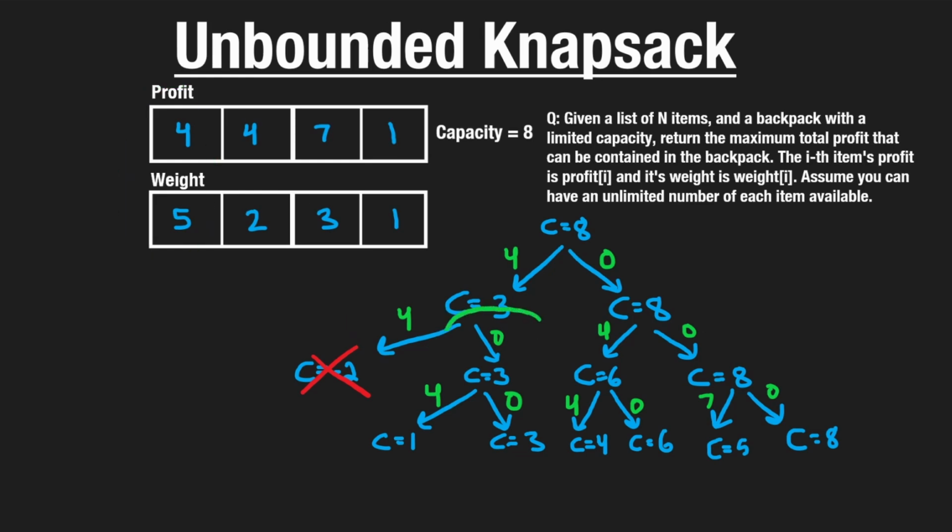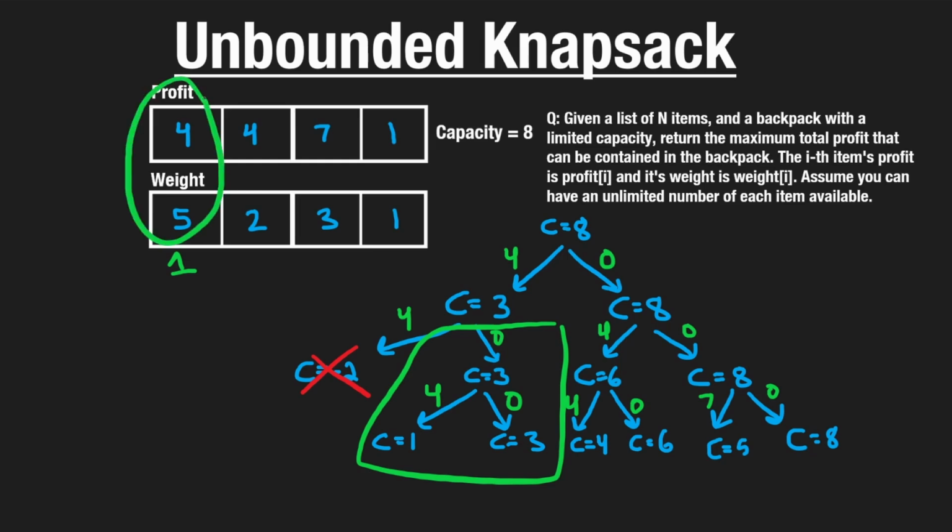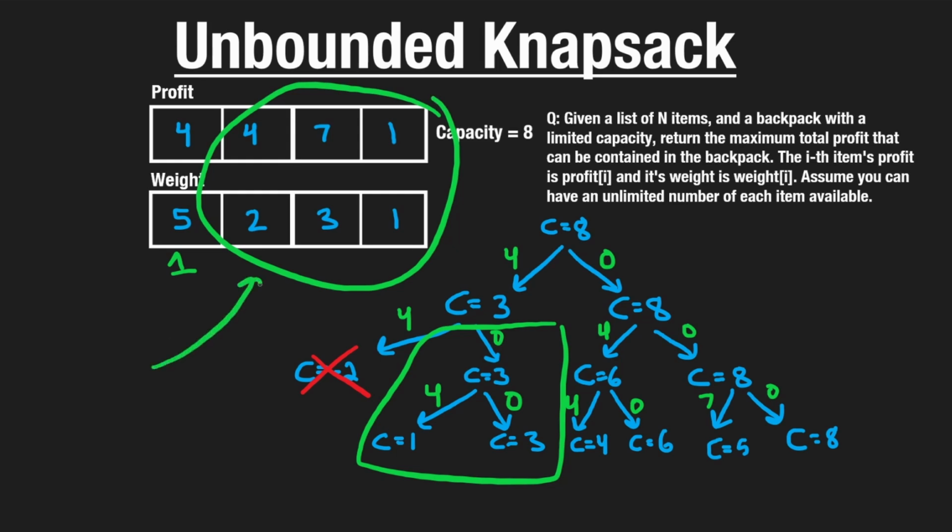When we go right here, we said we chose 1 of these originally, but now we're done. This right side here is going to be all possibilities where we only included a single occurrence of this first item, and then we stopped. We didn't choose any more, and then we started choosing some of the other items, essentially.